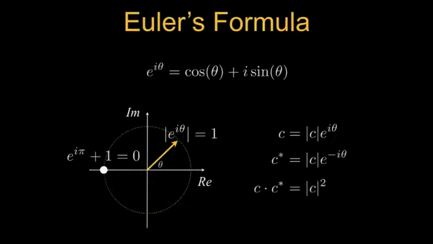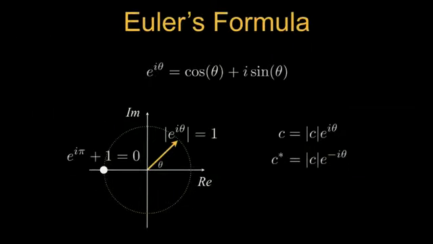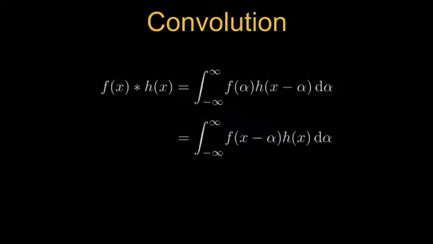Another important thing to note is that to compute the magnitude of a complex number, you're actually looking at the multiplication of a number with its own complex conjugate. And that corresponds to just squaring the magnitude of the complex number. Okay, that was a quick review. I guess most of you know that already.